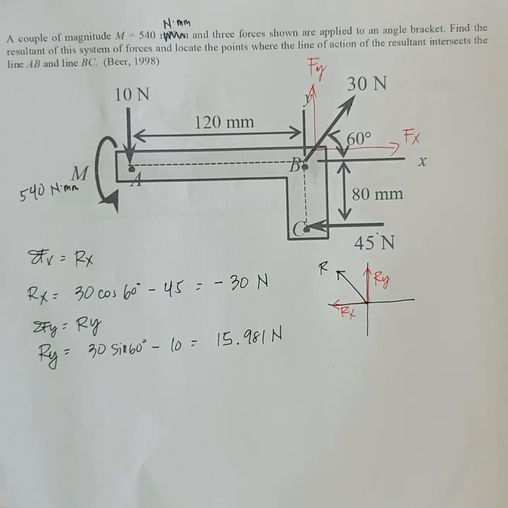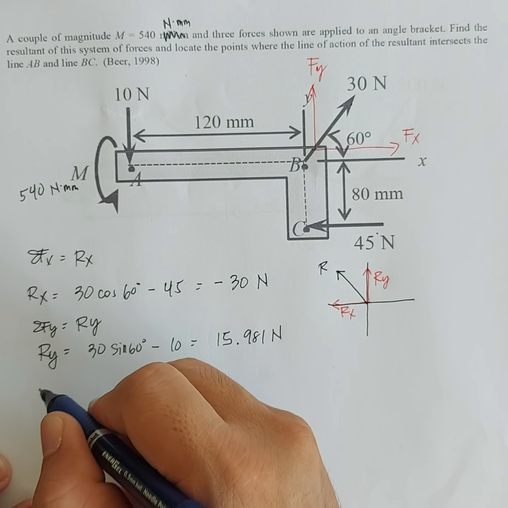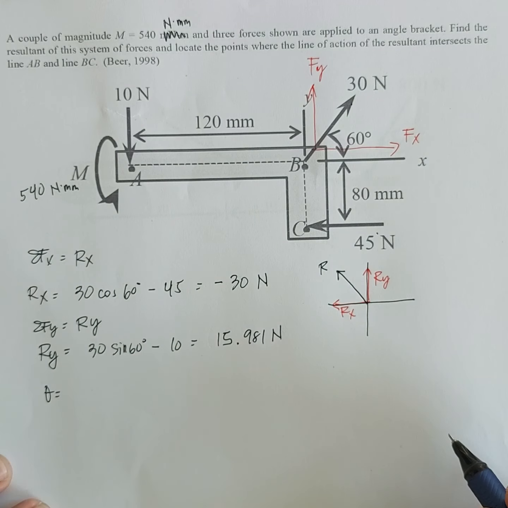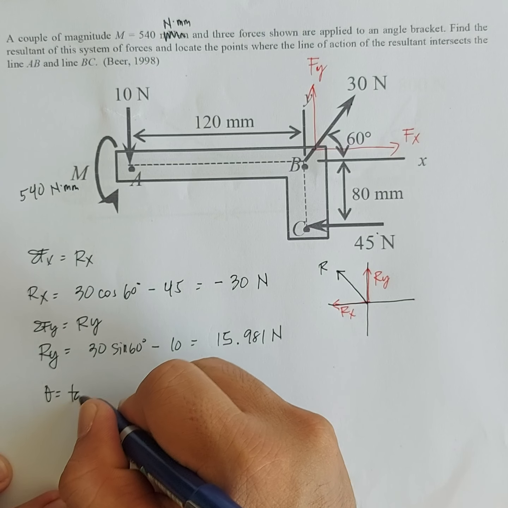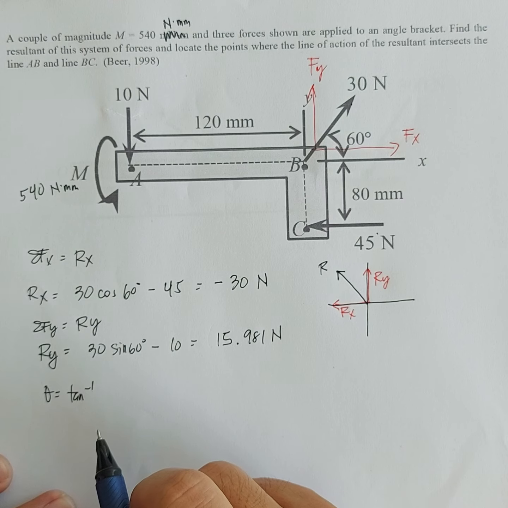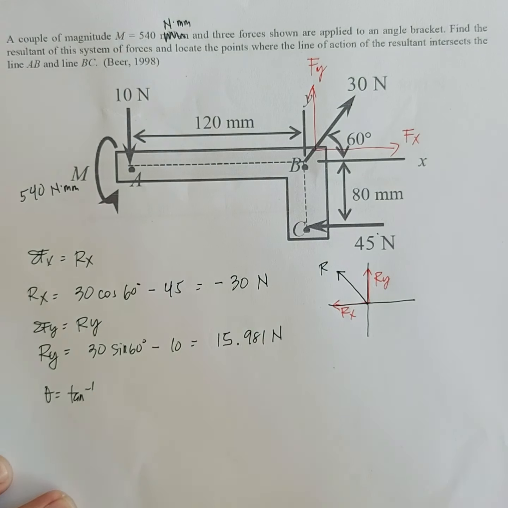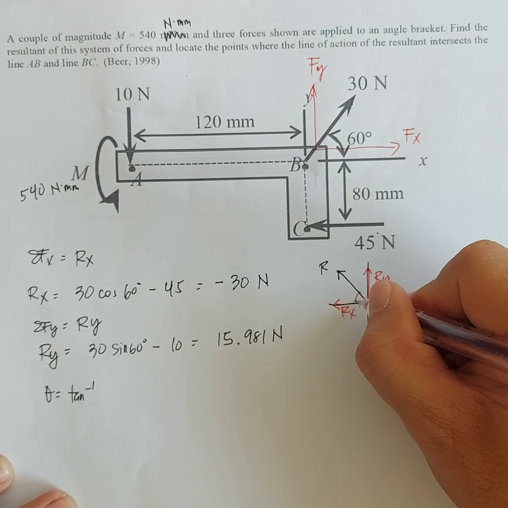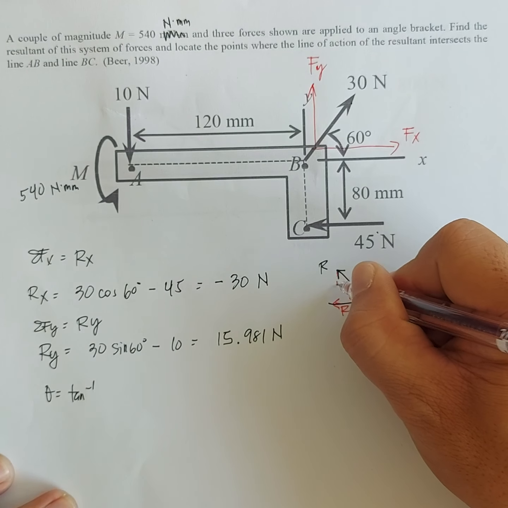Okay, so let's solve the angle of inclination. Theta is equal to the arctangent of opposite over adjacent. The opposite side is our Ry, and we're solving for theta.